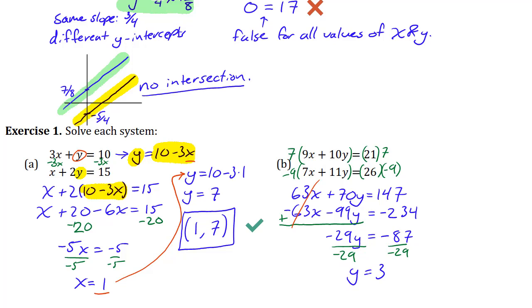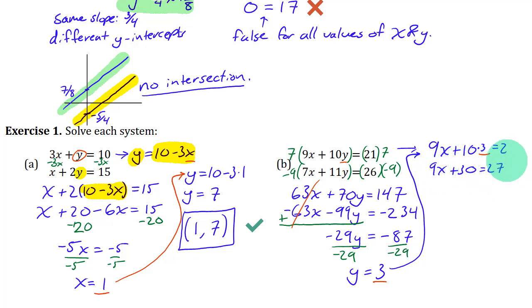Then you can take that y and plug that in for y in one of these equations. It doesn't really matter which. I'll take this first one here. That'll give you 9x plus 10 times 3 equals 21. So in other words, 9x plus 30 equals 21.